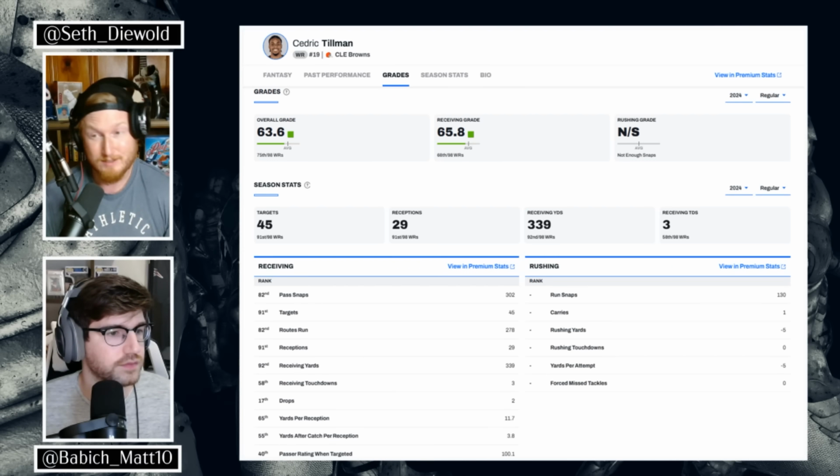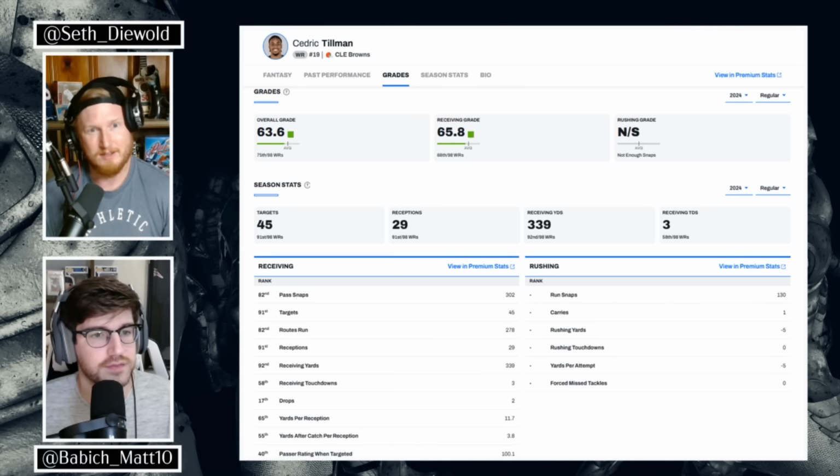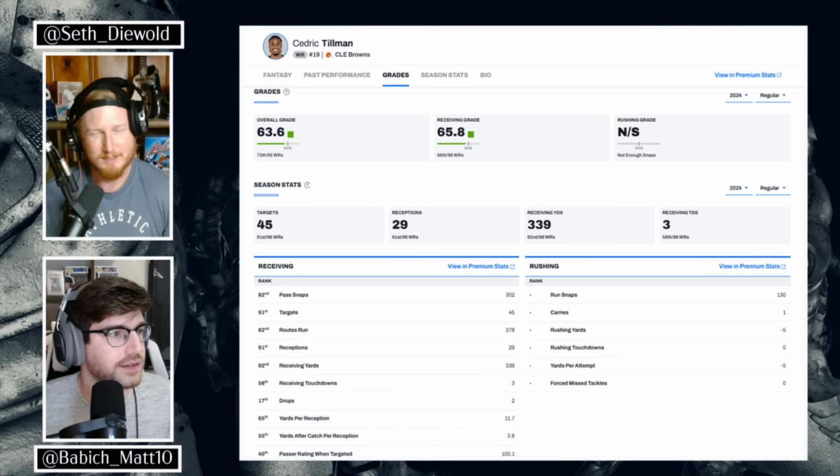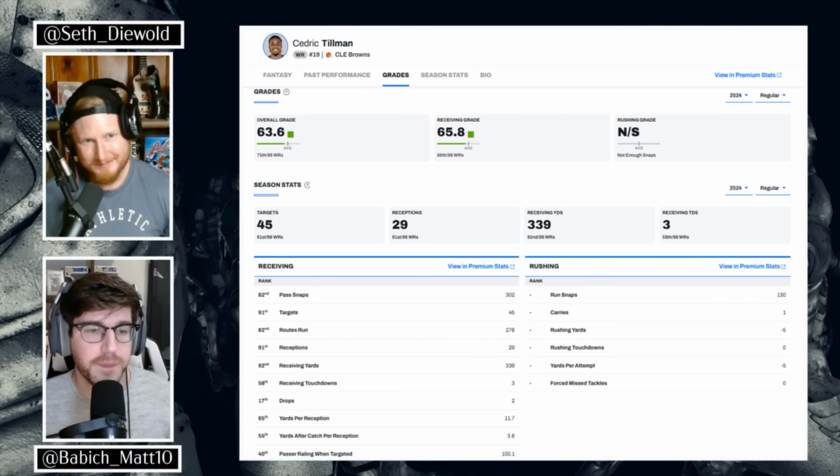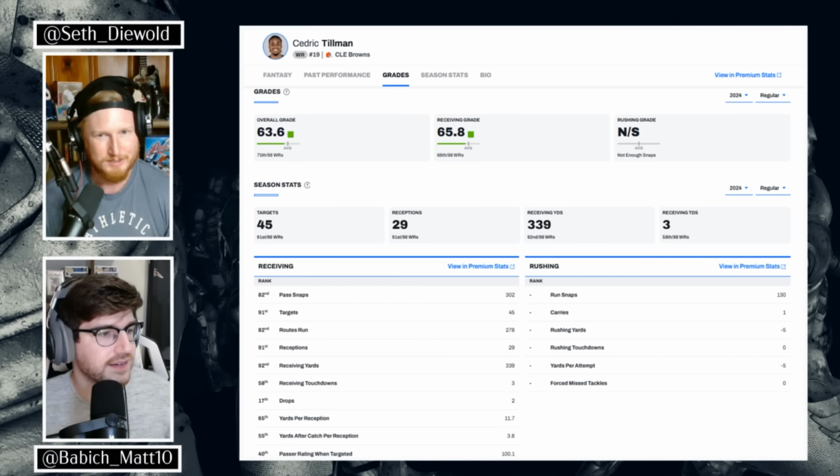I've heard some arguments for Deontay Johnson, who I know is older and doesn't fit this criteria of being a potential sleeper pick, but I suppose Deontay Johnson could have some value. If all things are equal here, these players are around the same. Maybe Cedric Tillman's a little bit higher cost-wise, but I'm going with the upside of Cedric Tillman here.